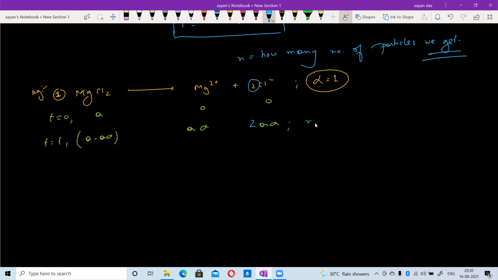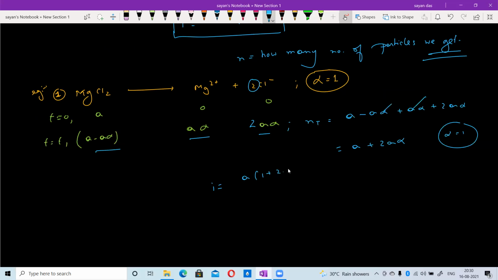Now find the total moles: a minus a alpha plus a alpha plus 2a alpha, the addition of all of these. You get a plus 2a alpha. Is it clear? Now alpha is always taken as 1. Find the i value: 1 plus 2 into 1, divided by 1, so this value becomes 3. Is it clear? Any doubt regarding this part?